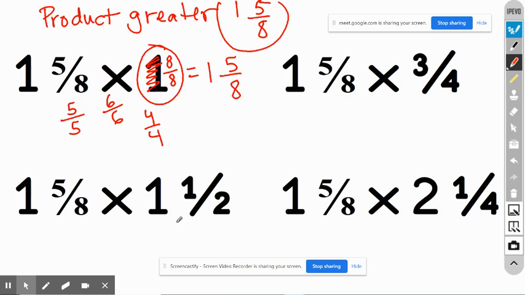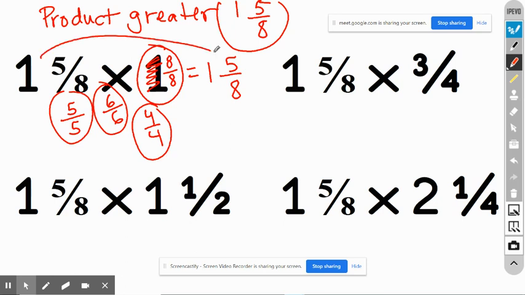As long as you know that these are the same thing as 1, your answer is going to be the same as it was before. If they have 1 5/8 times 8/8, or times 4/4, or times 6/6, that's still a 1. The answer is still the same.